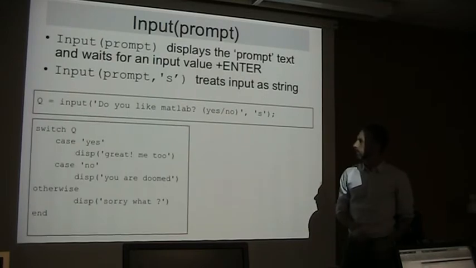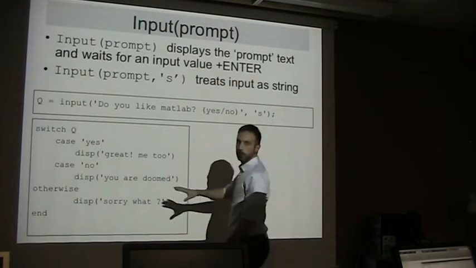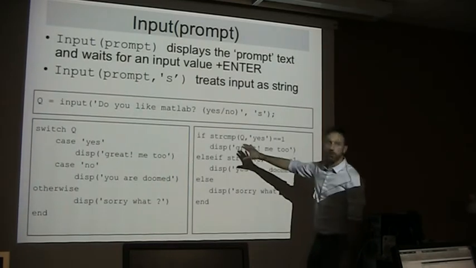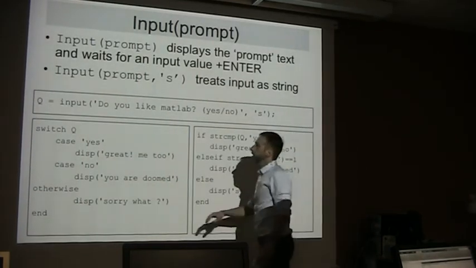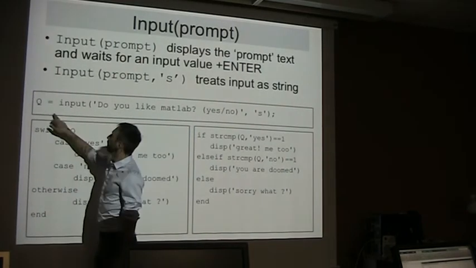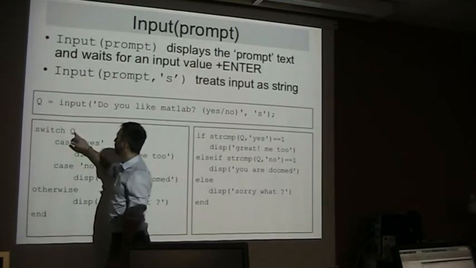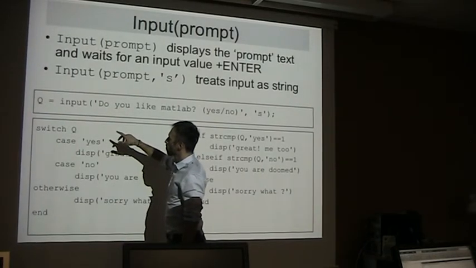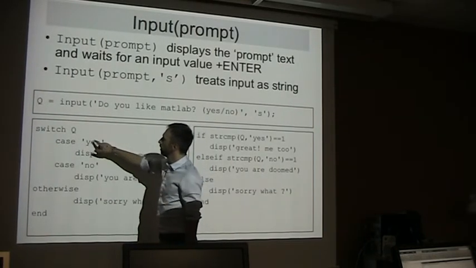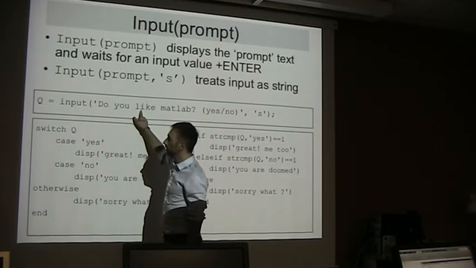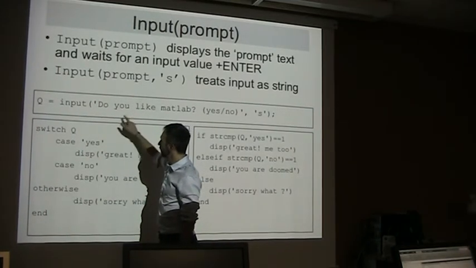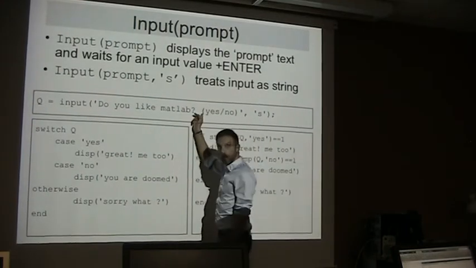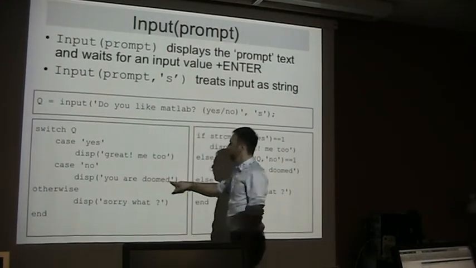So once you have written that, we can use, for example, switch, or we can use if. If you say switch, the output of that is going to go into Q. So if you answered yes and hit enter here, then it displays greatly true. If you entered no and hit enter, it displays you are doomed.